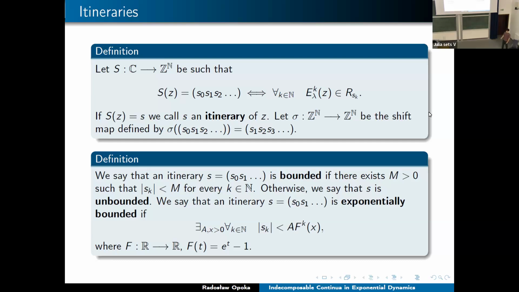An itinerary is exponentially bounded when the absolute value of every element of the itinerary is smaller than iterations of this function on some x. So there exist A and x positive such that for every k such a bound is satisfied.